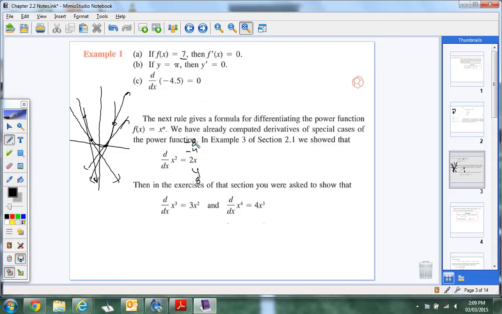The derivative of x cubed is 3x squared. What do you see as a rule? Or how about x to the 4th? Right, the power becomes the coefficient, and you drop the power by 1. Drop the 3 down, now it's a 2. Drop the 4 down, now it's a 3. That's essentially your power rule.